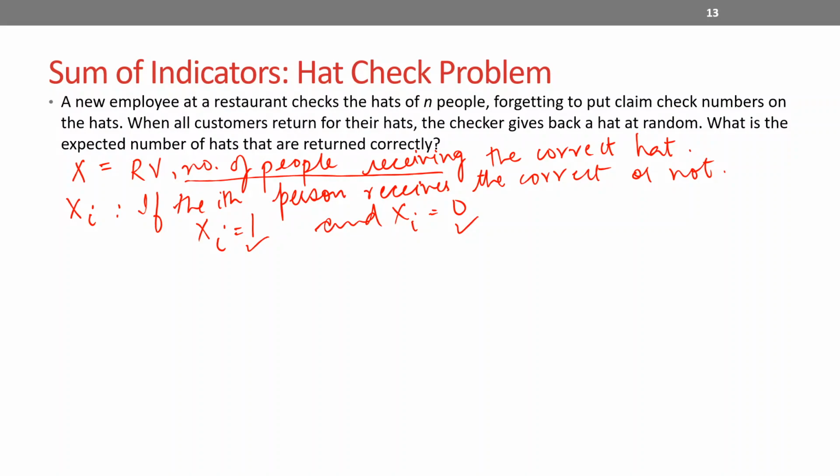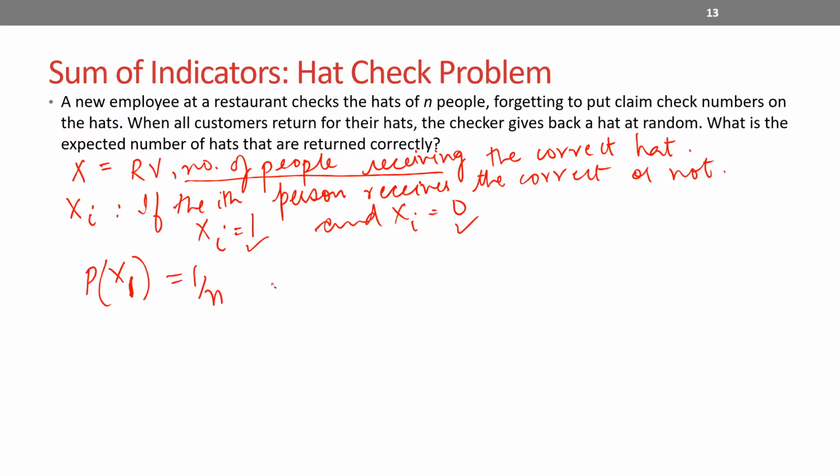So what is the probability of the ith person receiving the correct hat? We've done that before, so this is just a review. P(X_i = 1) is going to be 1 over n.